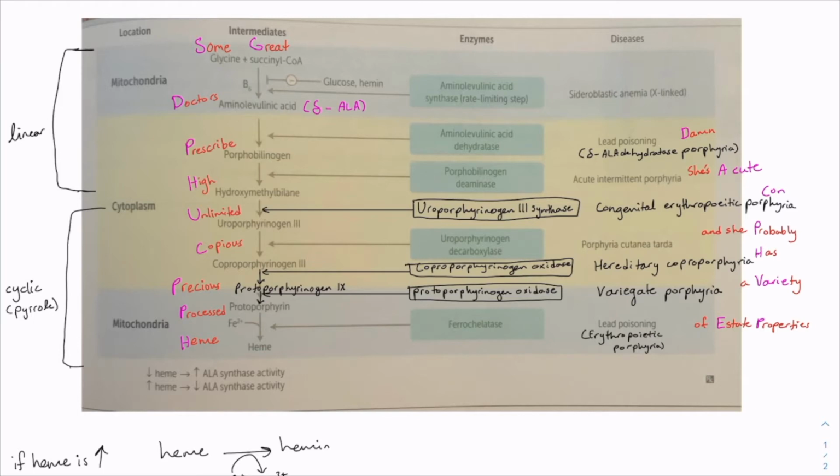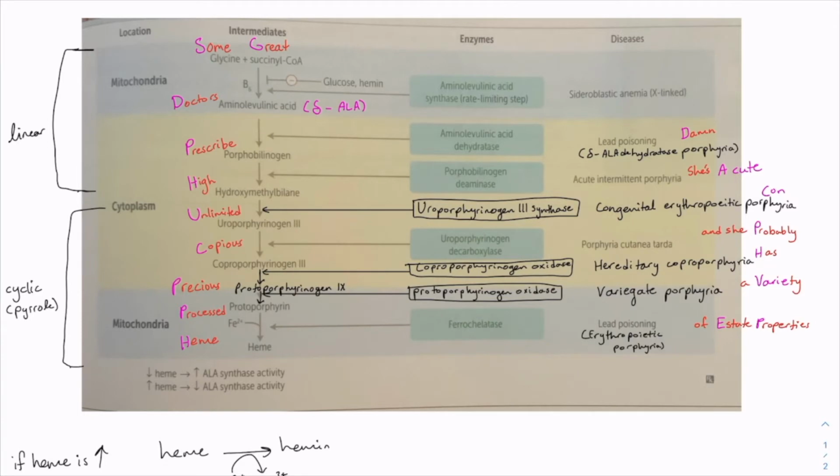Well, it's because the process can't go any further, and so the substrate keeps building up and keeps being synthesized in huge amounts with nowhere to go, because the enzyme involved in getting it going to the next step is inhibited. So in this case, ALA is what accumulates because of the defect in the enzyme ALA dehydratase.